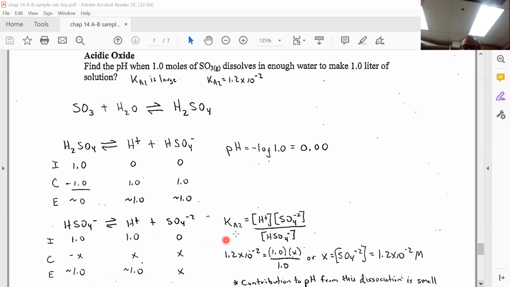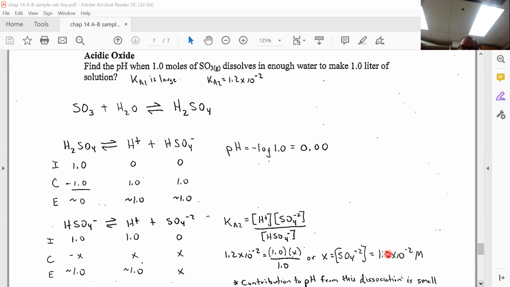And we can go ahead and do this. So we're going to do Ka2 equals H+ times SO4 2- over HSO4-. And we plug things in with the Ka, and we get x, which equals SO4 2-, is 1.2 times 10 to the negative second. Okay, notice this concentration of SO4 2- is the same as the Ka.